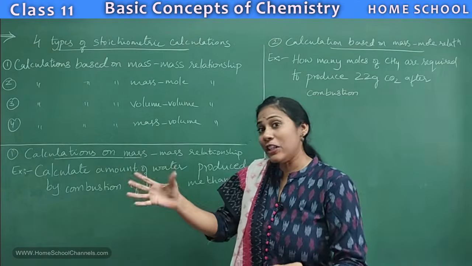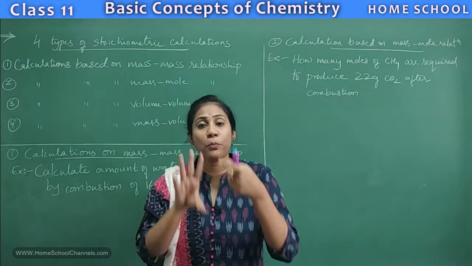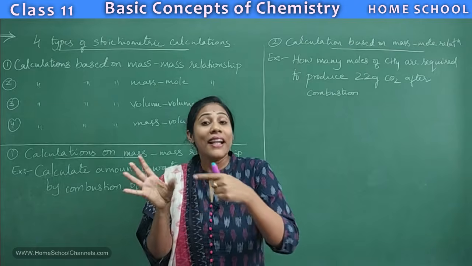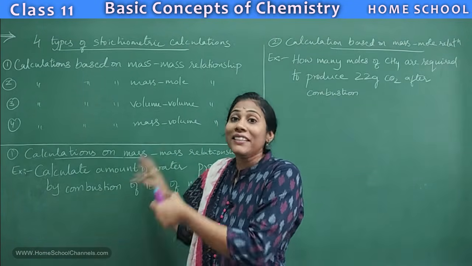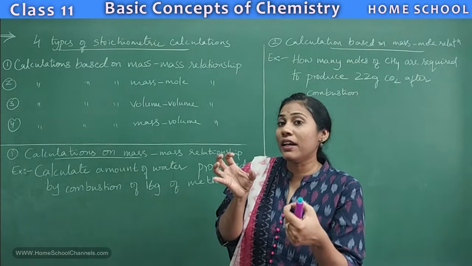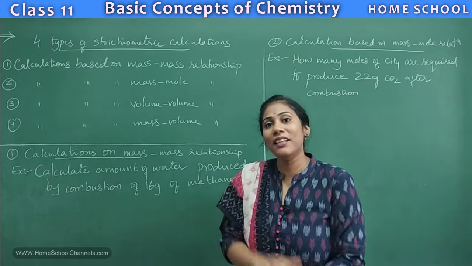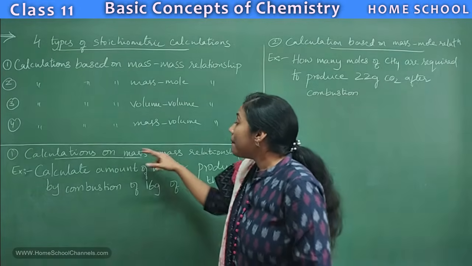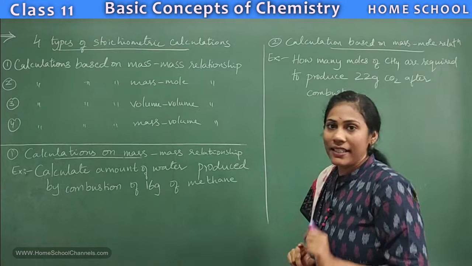Okay, so you can talk about a chemical reaction in terms of mass, molecules, moles and volumes, right? And they are giving you information with respect to mass and they are asking you to find out the things in terms of mass only. Then such calculations will come under mass-mass relationship. Look at the example, you will understand better.